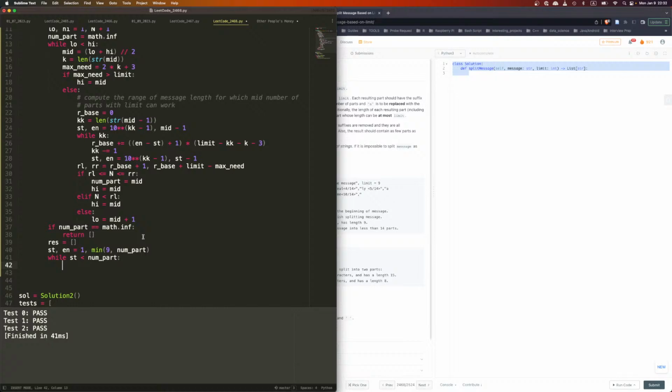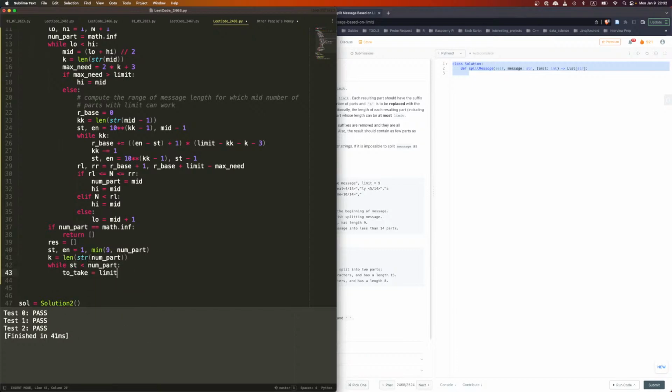The start is smaller than the number of parts, and they're all in the same number of digits, right? So for each one of them, I need to know how many we need to take. So to take shall equal to num part, and then we can reuse k equals len str num part.